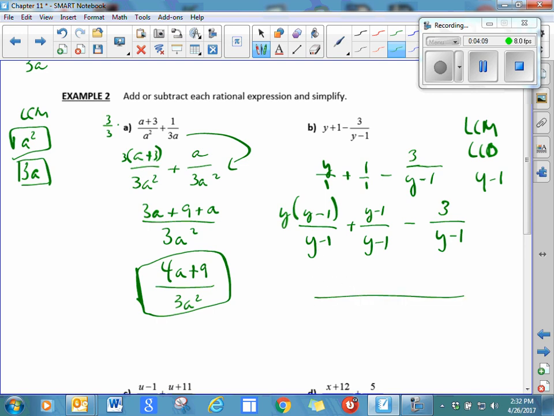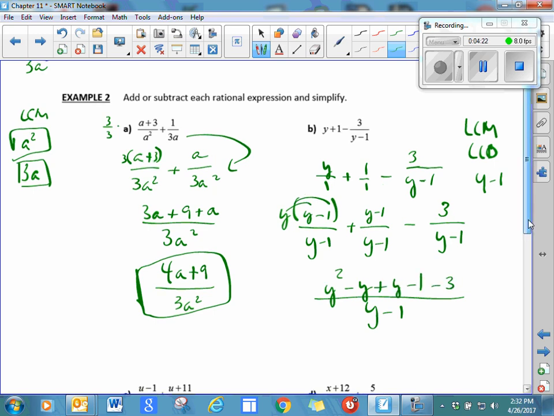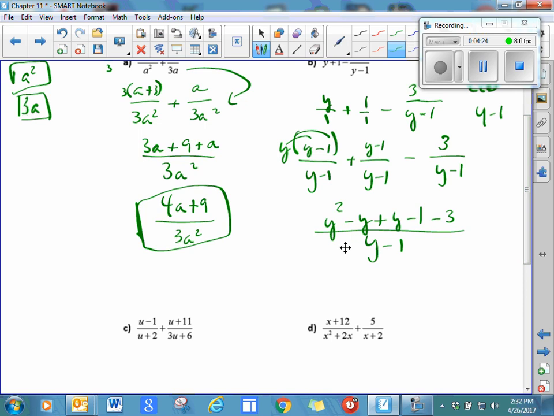Again, I'm going to need to write a single fraction bar. I'm going to need to distribute. So that's y squared minus y plus y minus 1 minus 3 all over y minus 1. So when I collect my like terms, these two y's cancel each other out. That's minus 4. So I have y squared minus 4 over y minus 1.